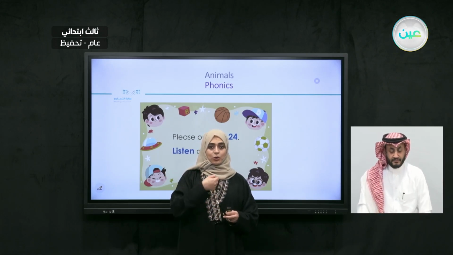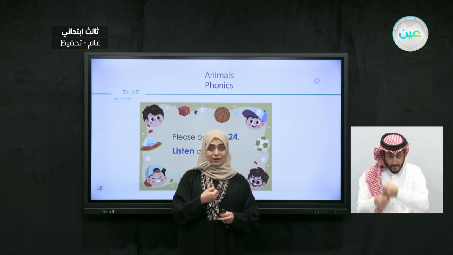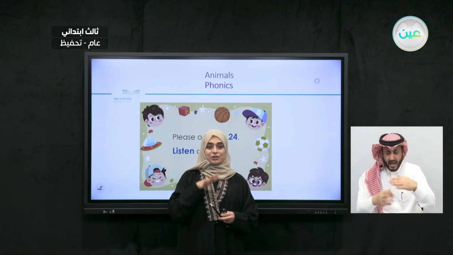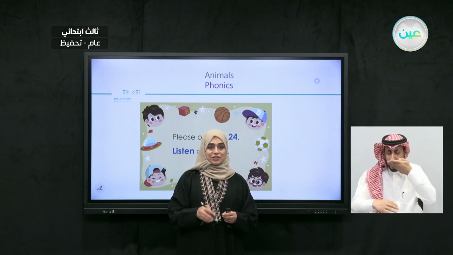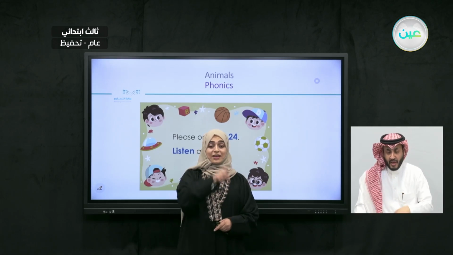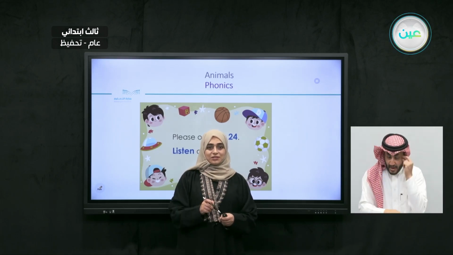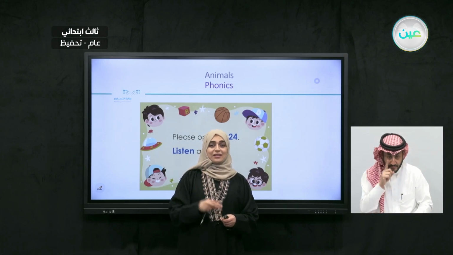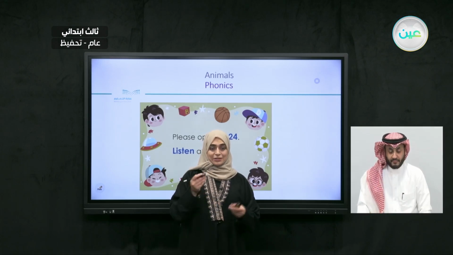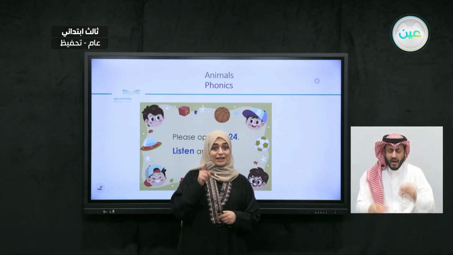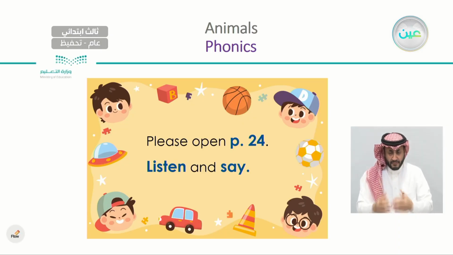The girl was holding an umbrella to stay dry. And then we saw a picture of a beautiful vase. It had flowers. You remember the colors? Yellow and red. So now with all these pictures in your mind, let's open page 24.